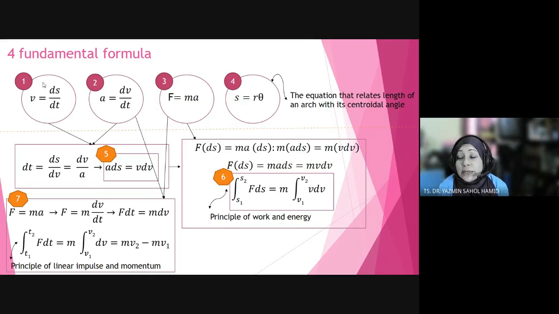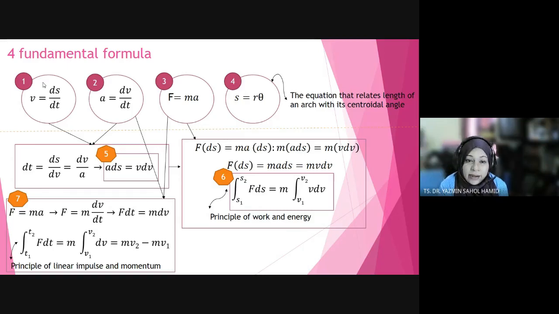It's okay if you don't understand what it means now, but at least you know, if I combine formula number 2 and 3 together, the acceleration formula dv over dt and Newton's second law, F equals ma, I get the formula of the principle of linear impulse and momentum.